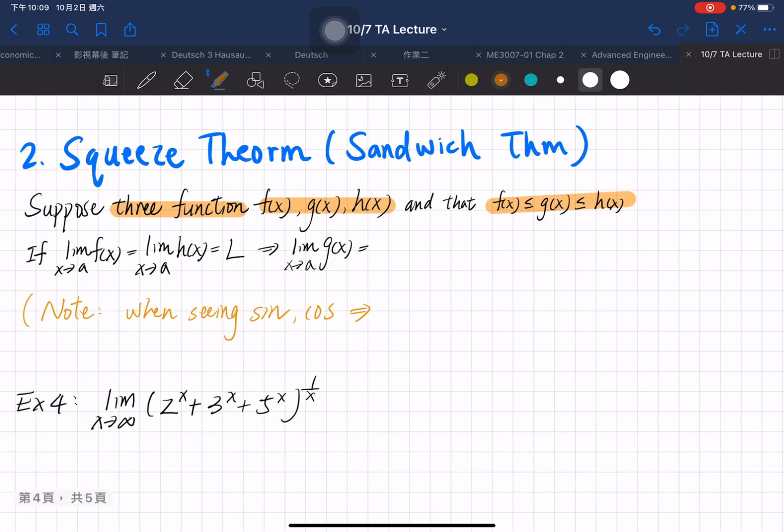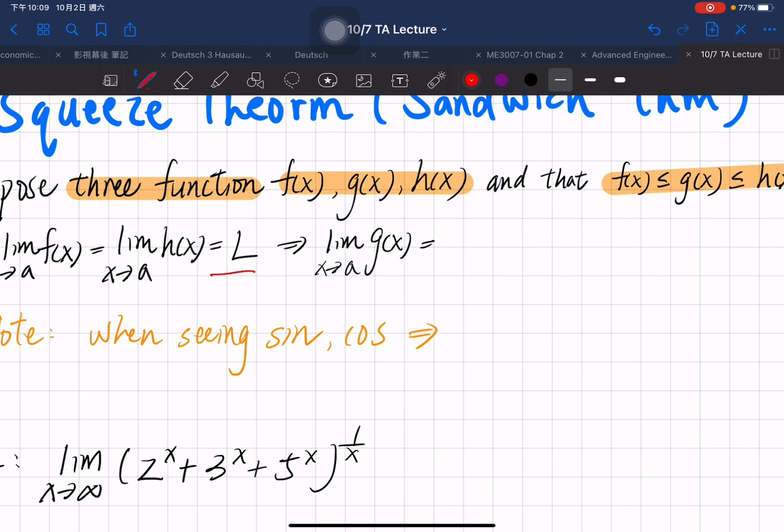Under this situation, if the limit of f of x and the limit of h of x when x approaches a are the same and finite, which means it equals some value L, then we say the limit of g of x, which is in the middle of the 2 functions, will also be L.